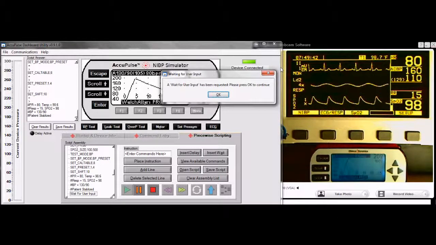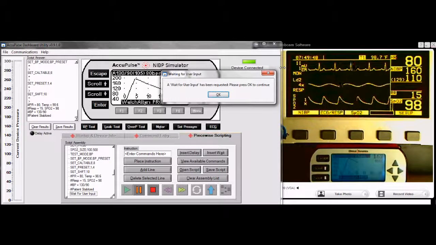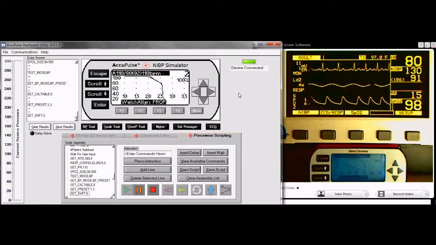Temperature drops to 97 degrees Fahrenheit. O2 saturation drops from 98 to 91%. Respiratory rate jumps from 15 to 22 breaths per minute.